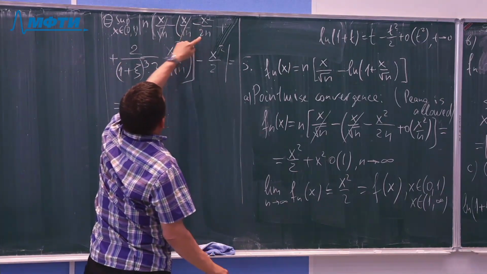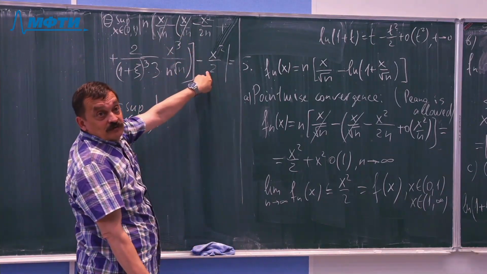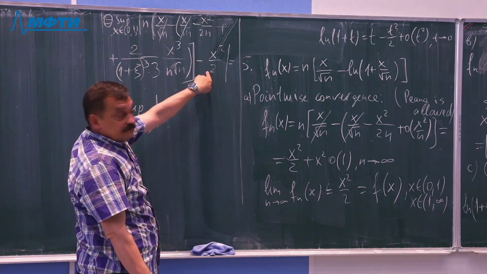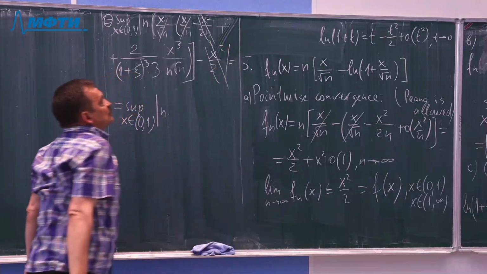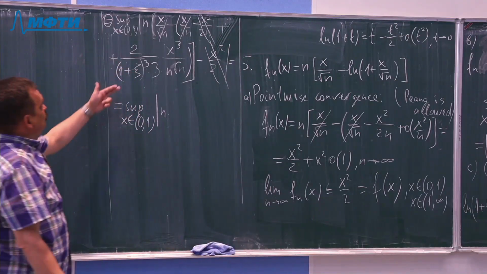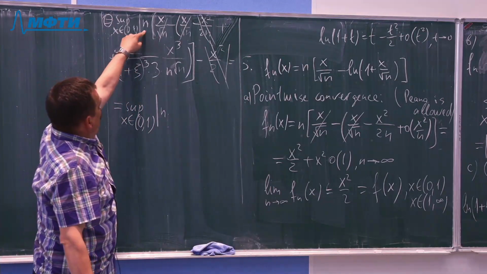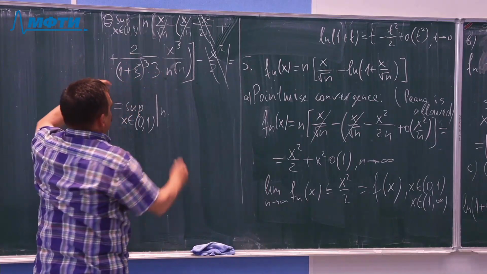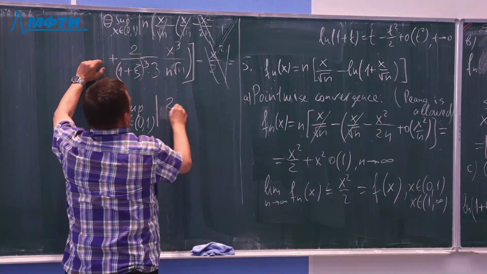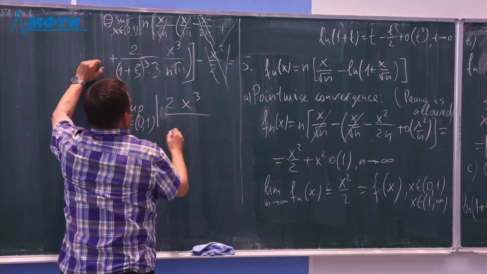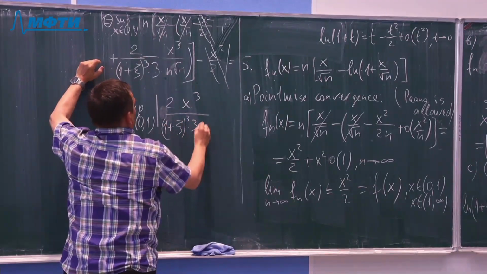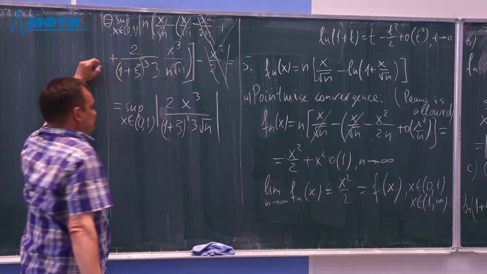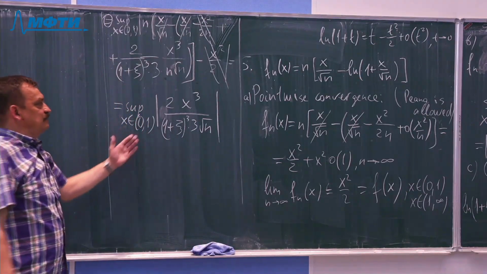Plus x squared over 2 minus x squared over 2 is also cancelled, right? What remains? Only that one. You see, n times this is cancelled, so 2x cubed over 1 plus xi cubed times 3 square root of n. And now I can estimate it.